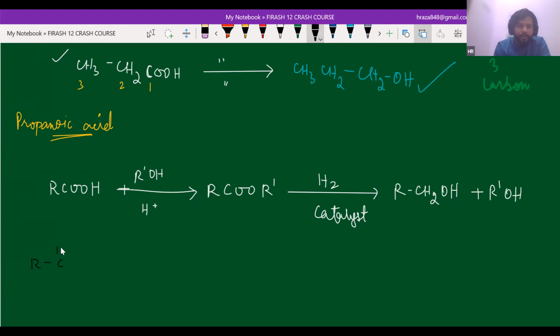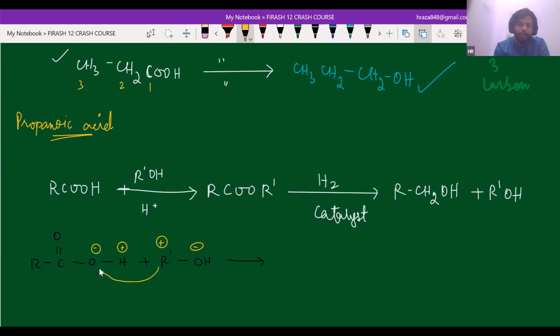As you can see, this is your RC double bond OH, right? And you are going to react this with R-OH. So can I write this as negative, this as positive, and this as positive, and this as negative?